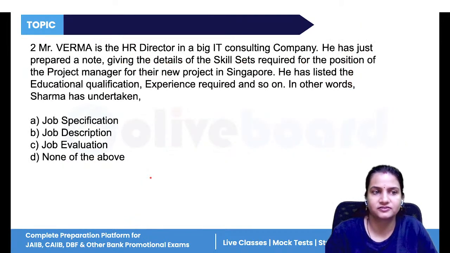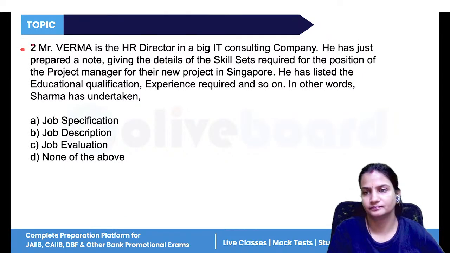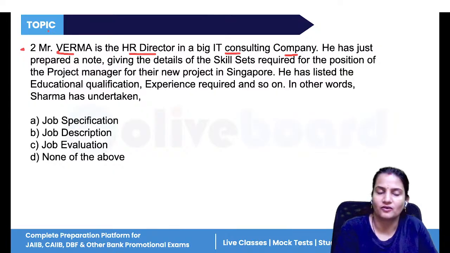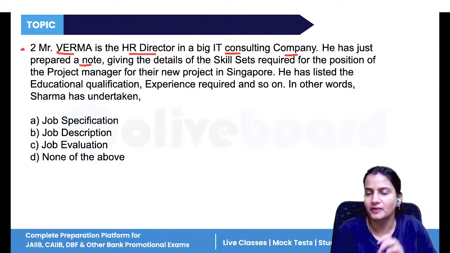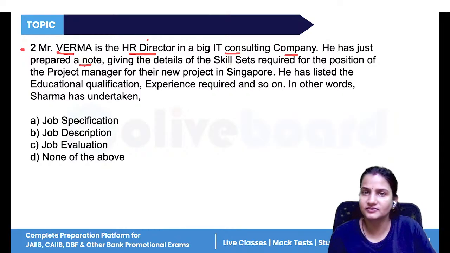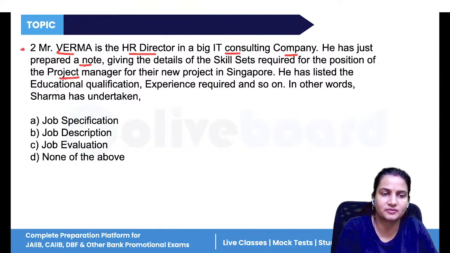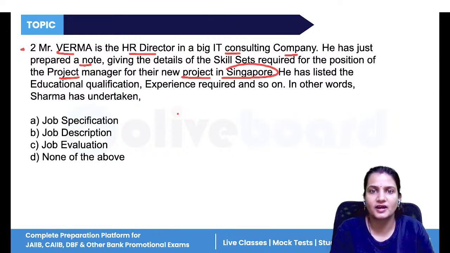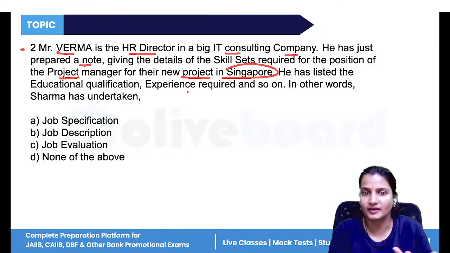All right. Now, next question. Question number 2. Mr. Verma is the HR director in a big IT consulting company. He has just prepared a note. So he is an HR director in an IT consulting company, and he has prepared the note, and in that note all the details were written on the skills. What are the skills required for the position of project manager for a new project in Singapore? In the Singapore project, one person has to be appointed for handling that project.